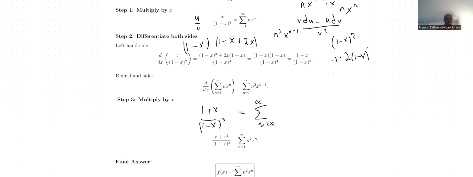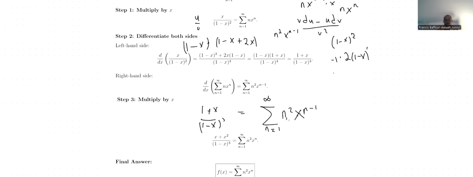Okay, so let me erase that and do that again. So this is the sum running from 1 to infinity of n squared x to the power n minus 1. All right, so that's exactly what we have here.